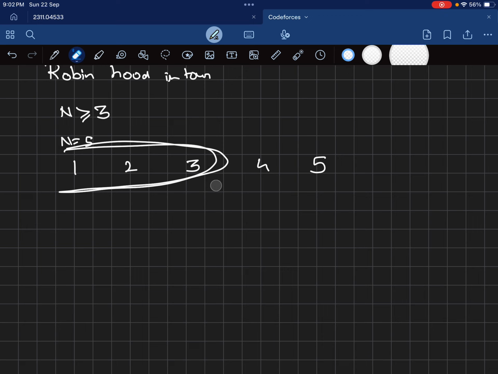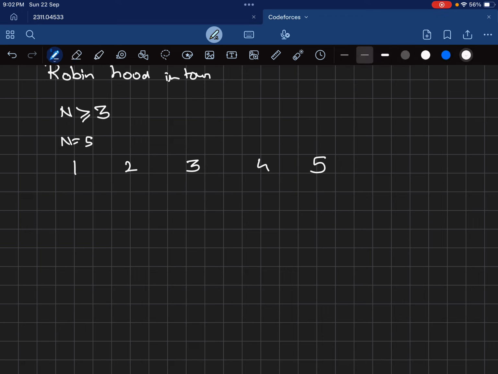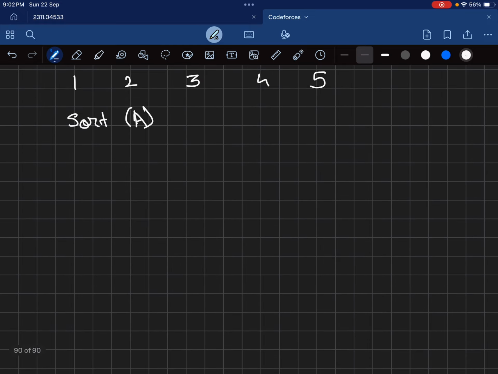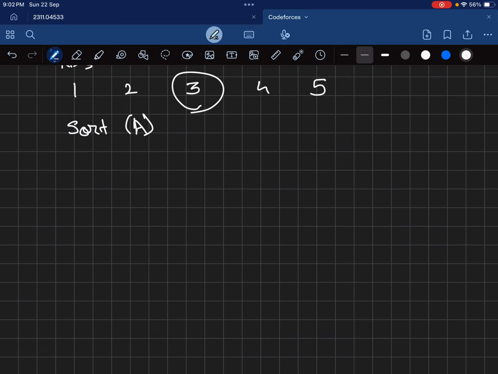So in order to solve this question, we'll first sort the given array, and then we'll apply the dissatisfaction condition on this person. So array of n by 2: 2 into n into array of n by 2, that is what we saw earlier, is less than sum of ai plus x.